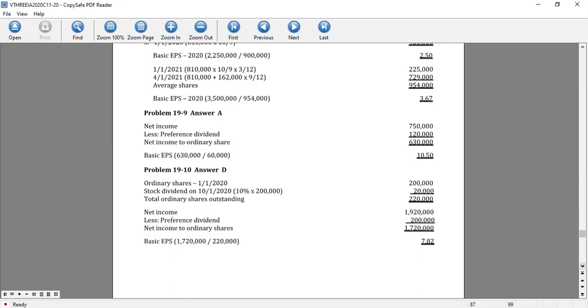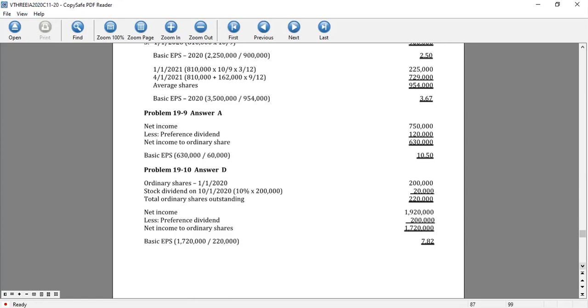On October 1, 2020, the entity issued a 10% share dividend on ordinary shares, and paid the annual cash dividend of 200,000 on preference shares. The preference share is non-cumulative, non-participating, and non-convertible. Net income for the current year is 1,920,000. What amount should be reported as basic earnings per share?